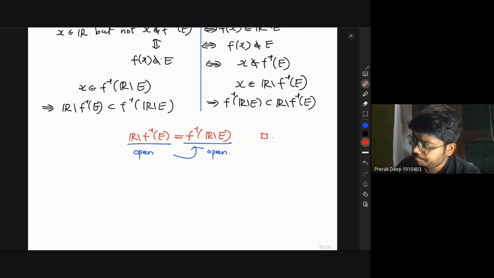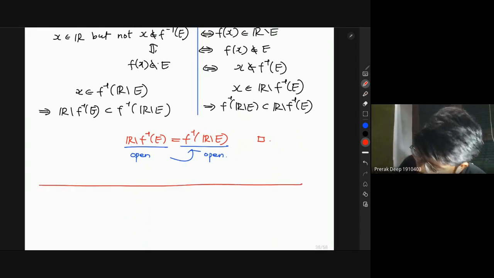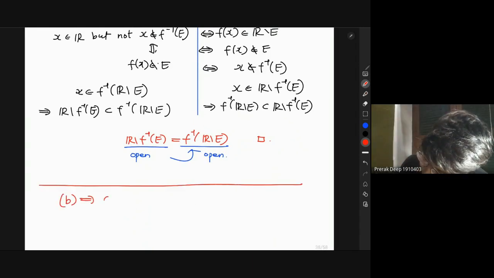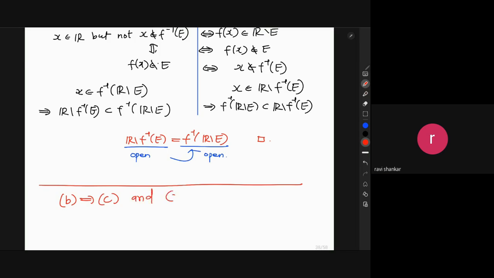As a result, we have proved B implies C, and C implying B. Altogether, we have proved that B and C both are equivalent statements. As a result, A is equivalent to B and B is equivalent to C. Hence, all three statements are equivalent.